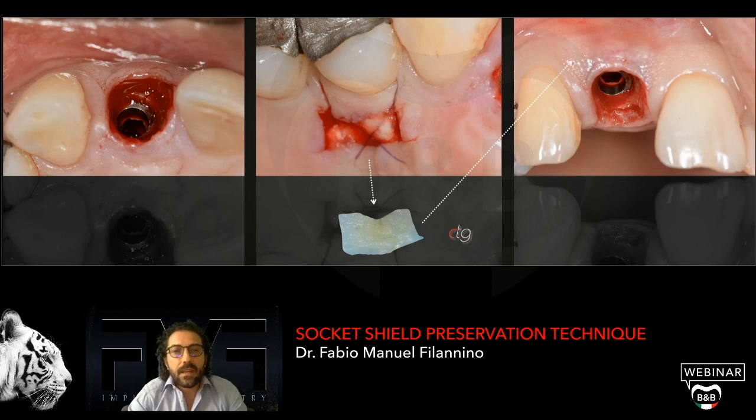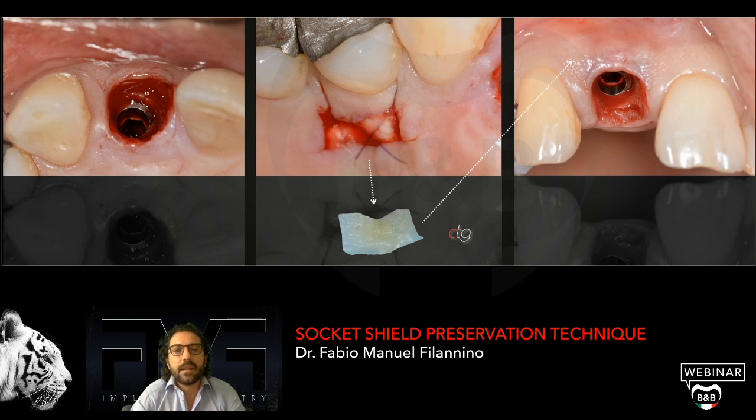Like I was saying, I took a CTG from the premolar area. I know Zucchelli is not happy to take from the premolar area. I know it's better from the molar area. The quality is better. We have less epithelialized tissues, but I wanted to keep all the surgery very close to the same area.